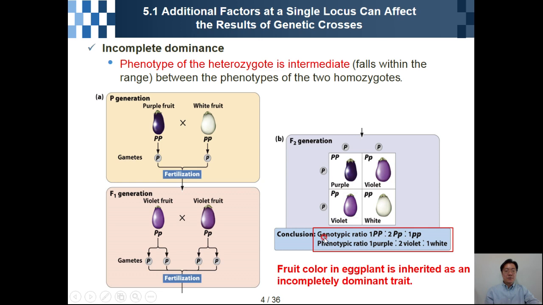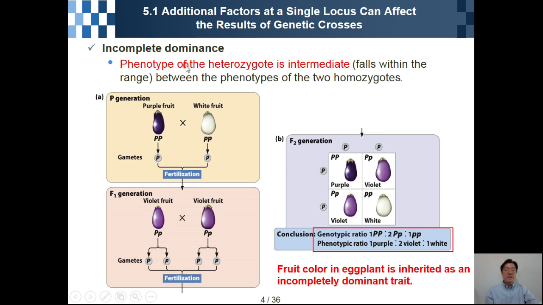So the conclusion was the genotypic ratio is 1 to 1, and the phenotype ratio is also 1 to 1. Based on this result, fruit color in eggplant is inherited as an incompletely dominant trait.